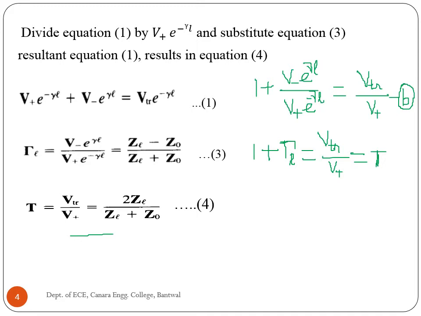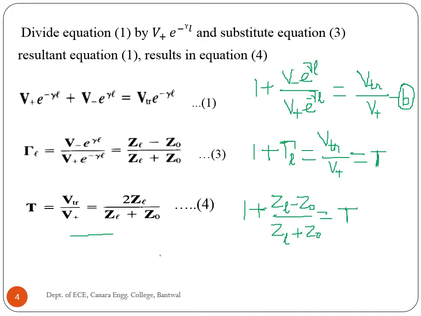So for the transmission coefficient, the amplitude of the forward wave must be the sum of the two waves, that is, the sum of the incident and the reflected waves. Substitute the reflection coefficient equation in terms of impedances, then we will get the transmission coefficient equation.